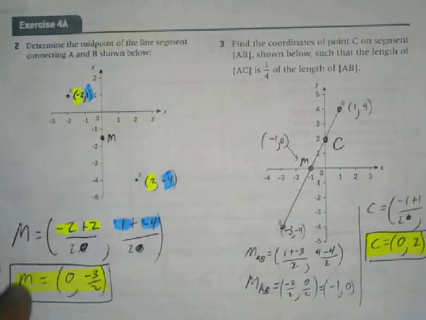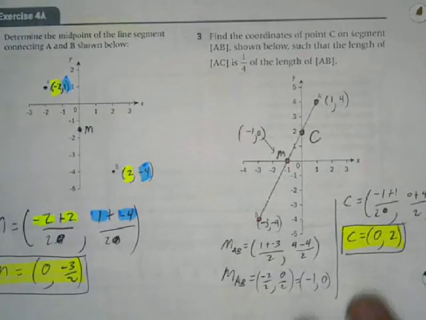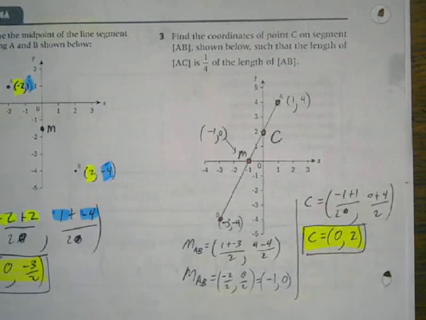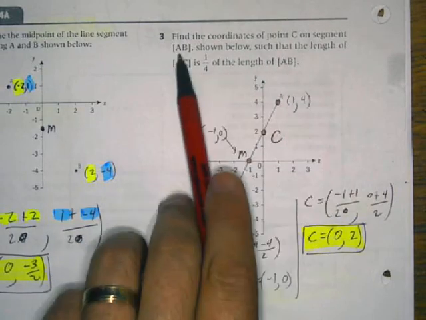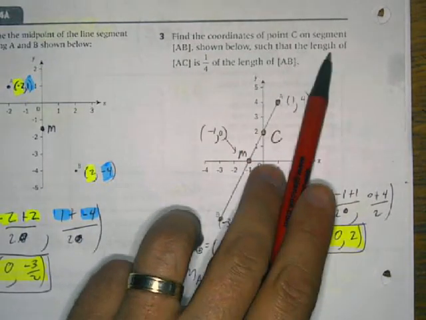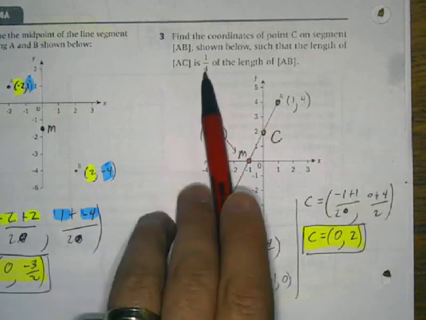Okay, now this question, so you may want to hit pause if you need extra time. Okay, find the coordinates of C on the segment AB shown below such that the length of AC is 1/4 the length of AB.